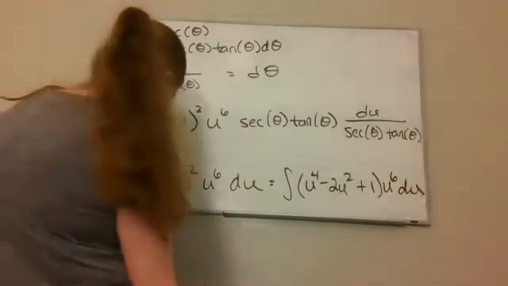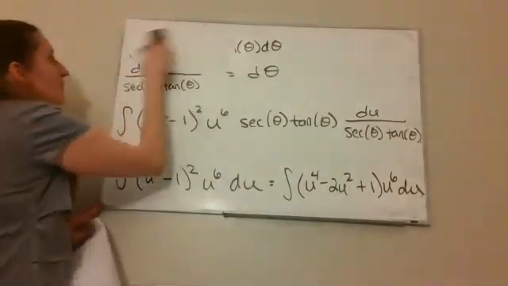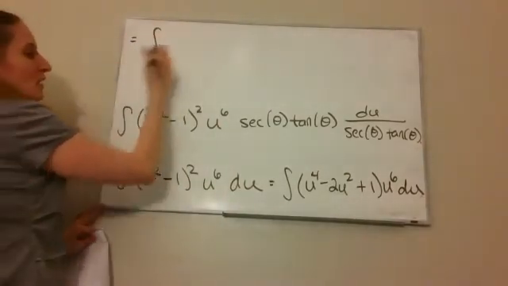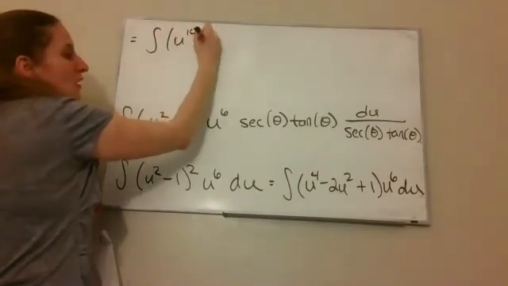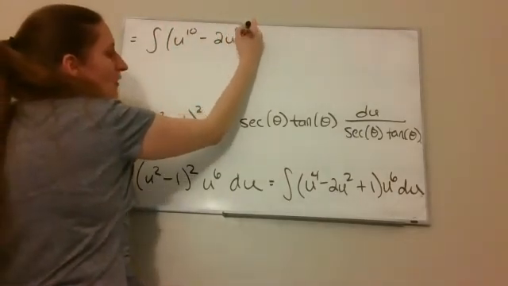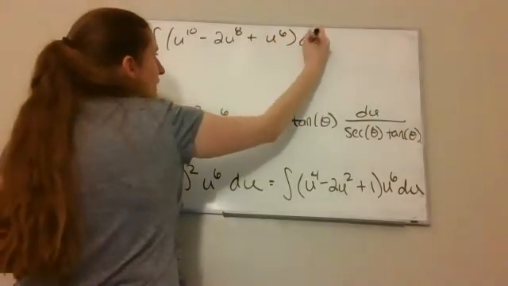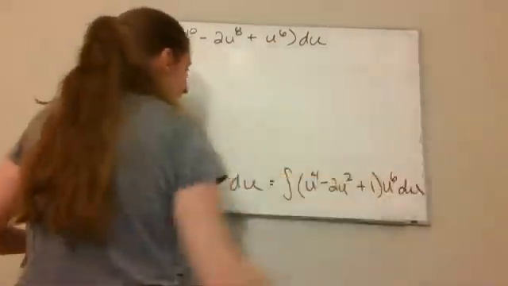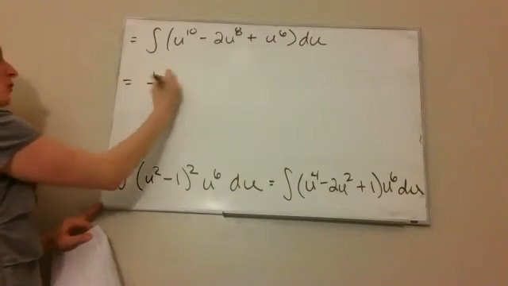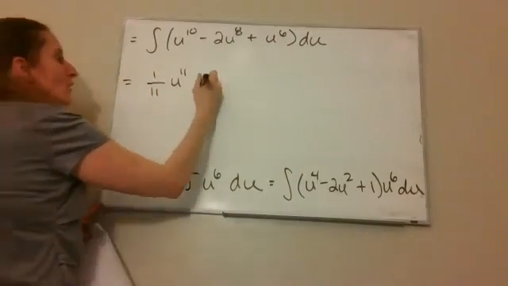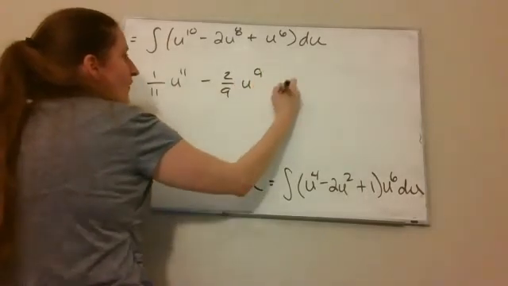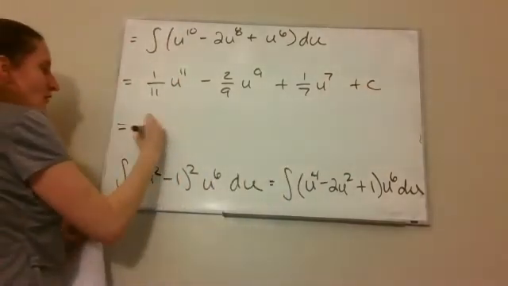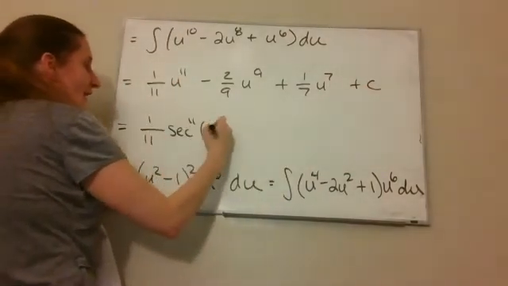And now I can distribute that u to the 6th through to give me an integral of u to the 10th minus 2u to the 8th plus u to the 6th du. And now it's just power rule and plugging your u back in at the very end. Power rule gives me 1/11 u to the 11th minus 2/9 u to the 9th plus 1/7 u to the 7th plus c. And now we just have to plug our secant back into the problem.